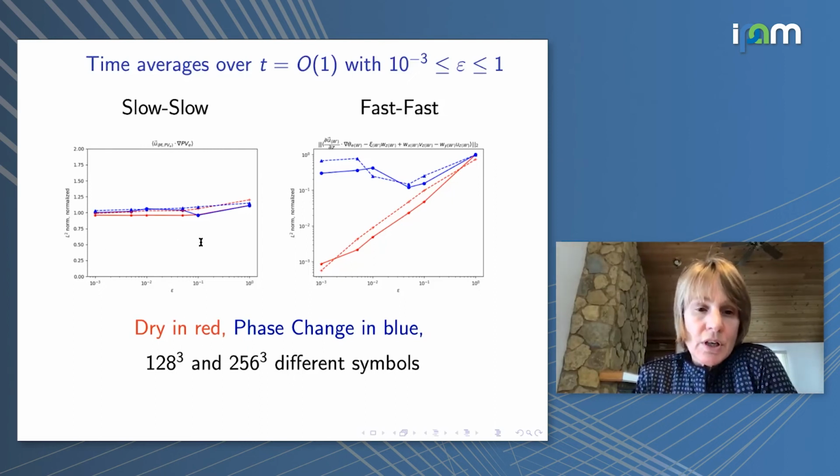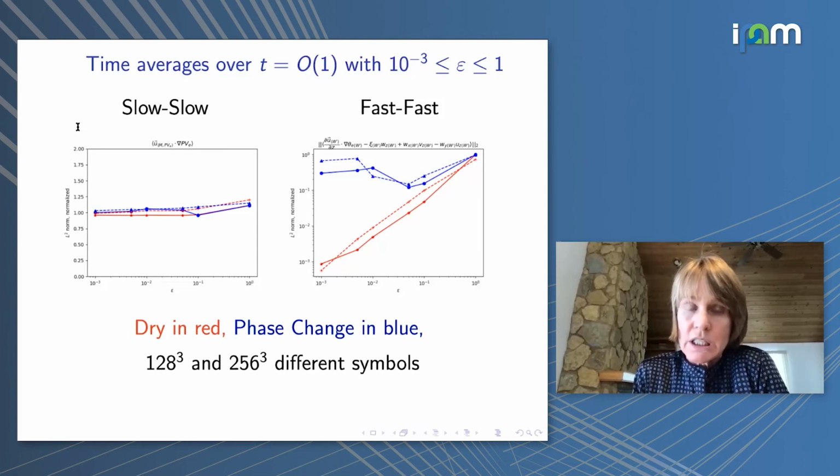And so what we see on the left here is that for both the dry in red and the phase change simulations in blue, this slow coupling term remains order 1 as we decrease epsilon, which it should, because the slow coupling terms are always going to be the important source of variation in the evolution of the slow terms, PV and M.